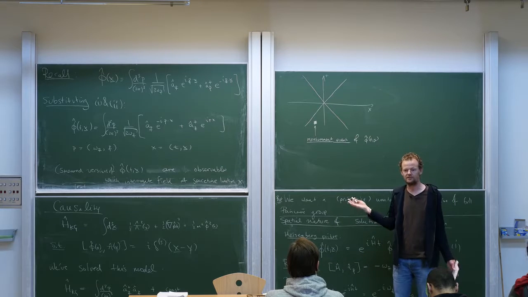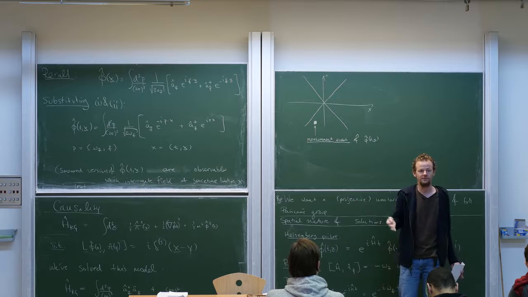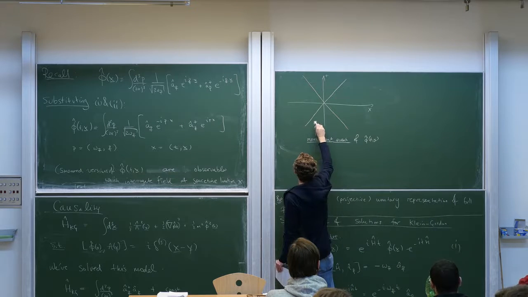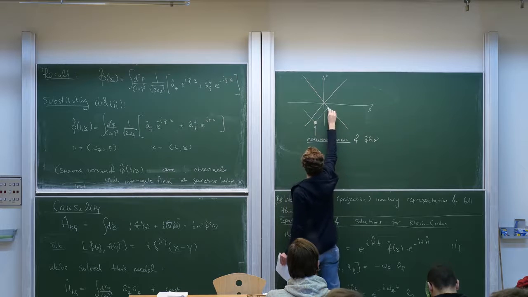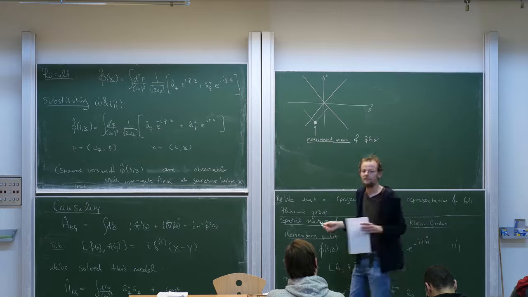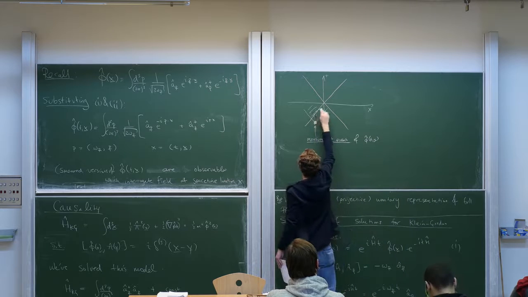Now the question is, how does it propagate outwards? If our theory is relativistic and respects causal ordering, you would expect the disturbance to fly out at the speed of light in either direction around a light cone. So this is the disturbed region here.